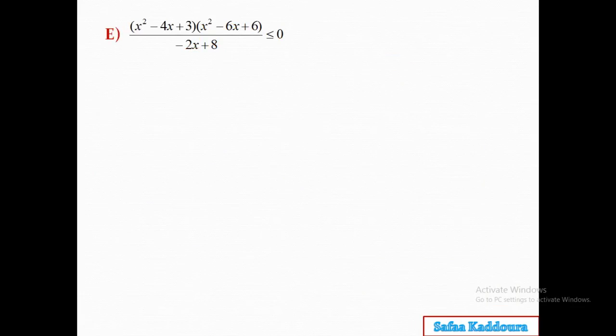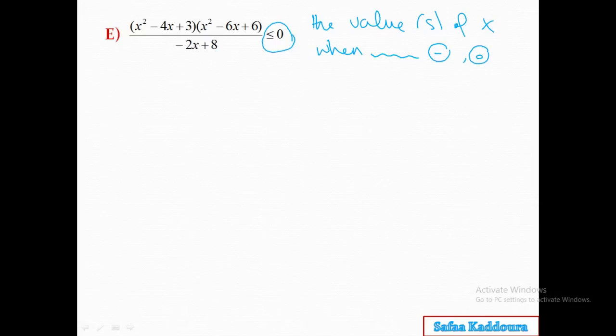Now, I want you to solve this. I want the value of x when this is negative or 0. First of all, we will draw the table of signs. For this, we say the numerator equals 0 and the denominator does not equal 0.